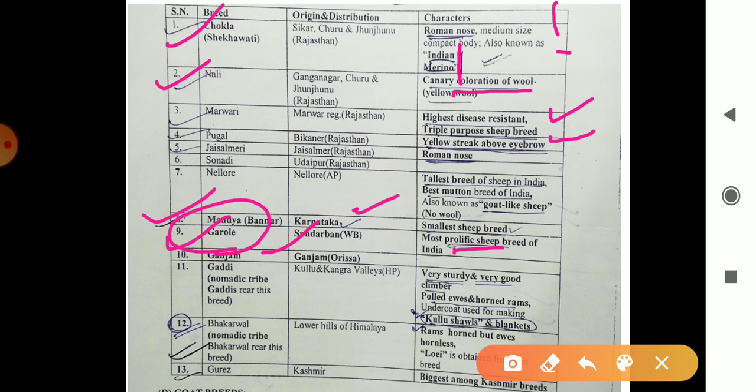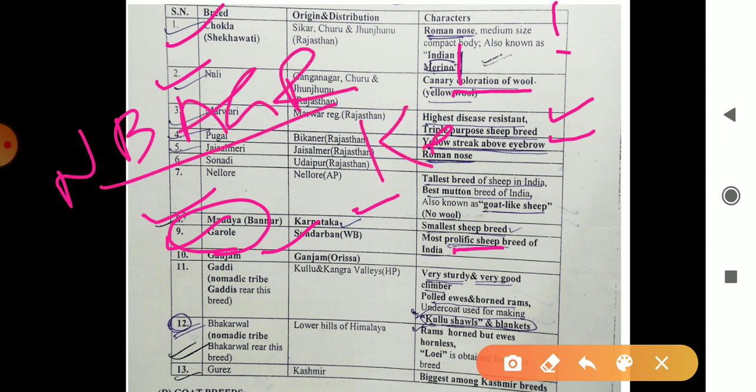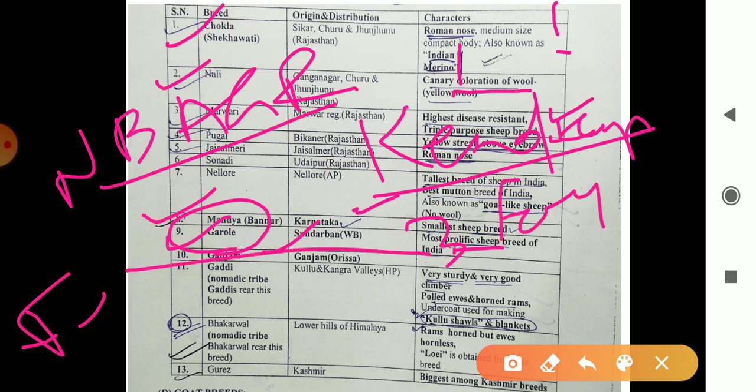Another sheep has been registered in the NBAGR, National Bureau of Animal Genetic Resources, the Kendrapada sheep. It has the characteristic of giving 3 fetuses due to the APC3 gene. Those who belong to Odisha, please remember, it has been asked many times in the OPSC veterinary examination.